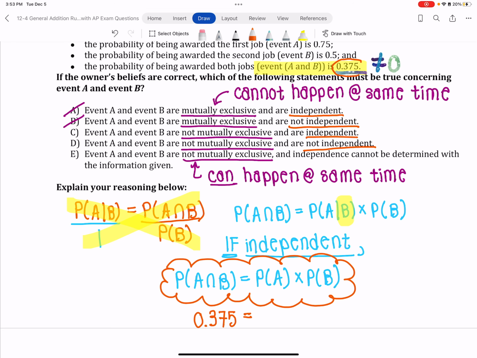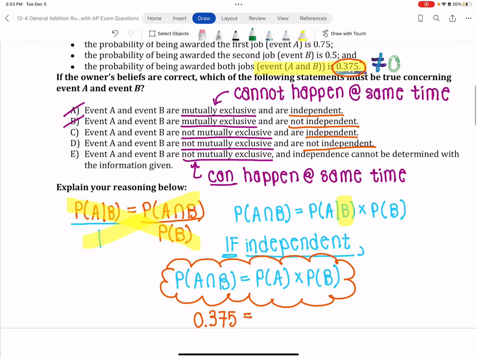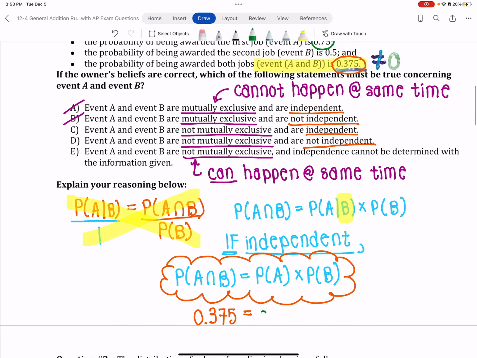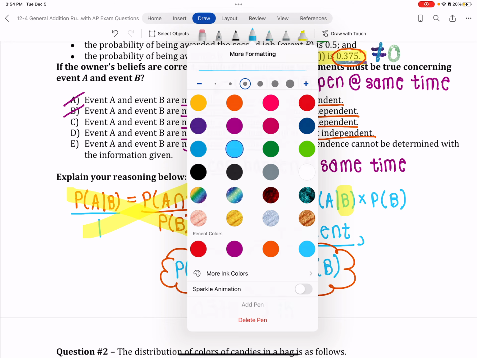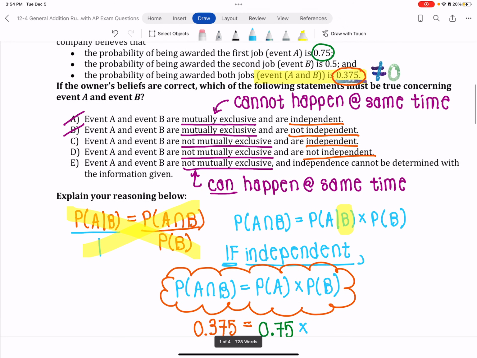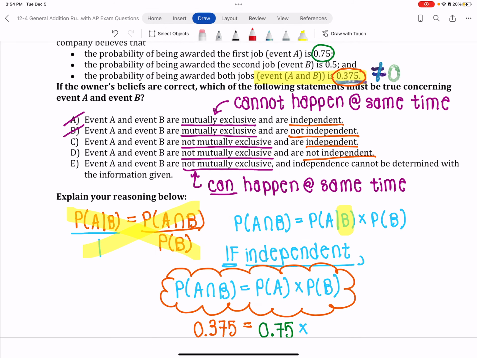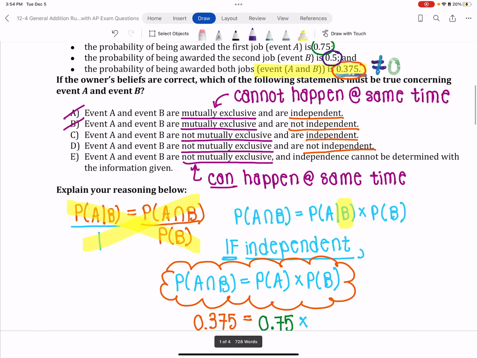They also give us the probability of A happening, and it is 0.75, right there. So we're going to fill that in at 0.75. And we are going to multiply that with the probability of B happening, which is also given to us. So we can just fill that in. Let's use a different color, 0.5.